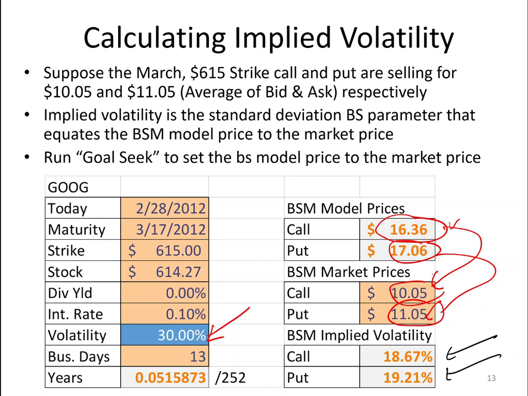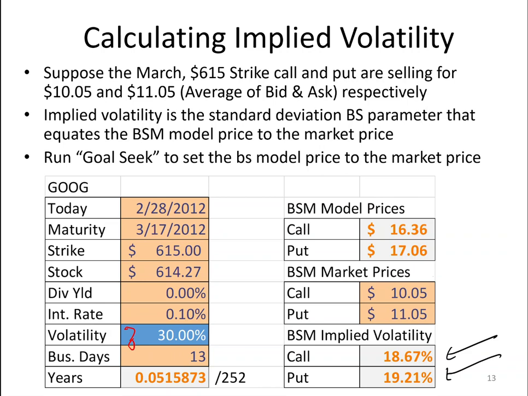If, however, the actual market price of that call is 10.05, what we could find out is, well, what standard deviation would cause the Black-Scholes price to go to 10.05, and the same for the put. So that's the concept of Black-Scholes implied volatilities.